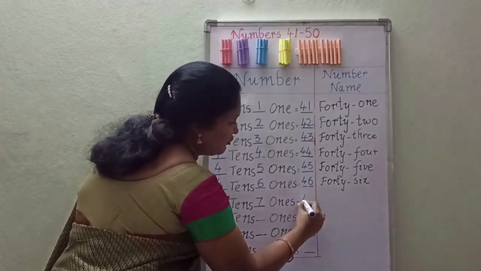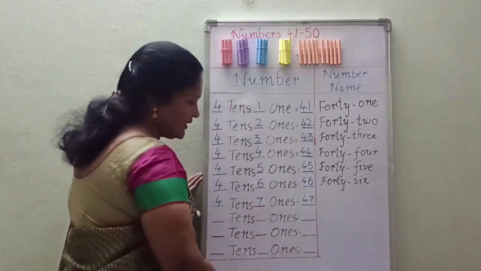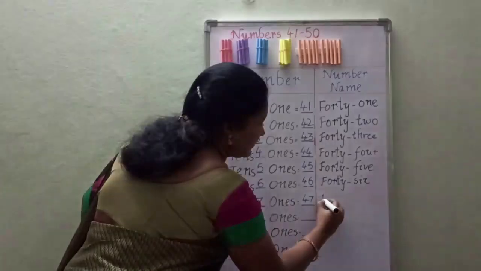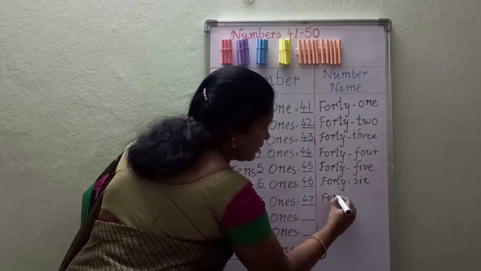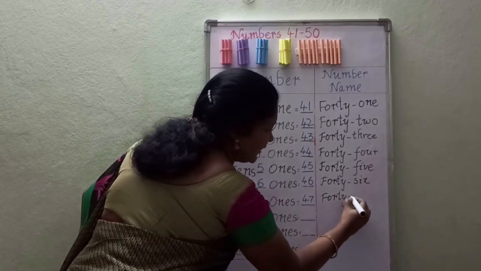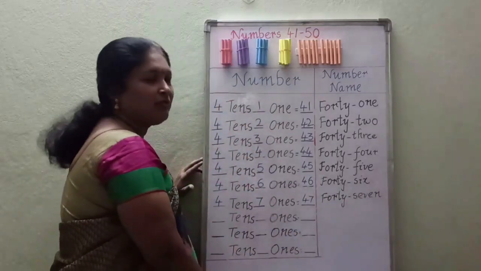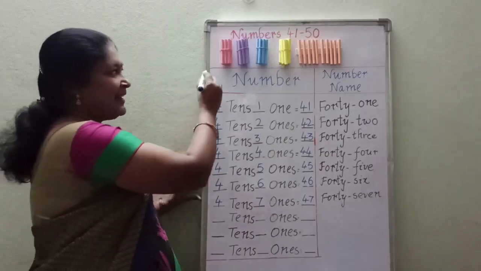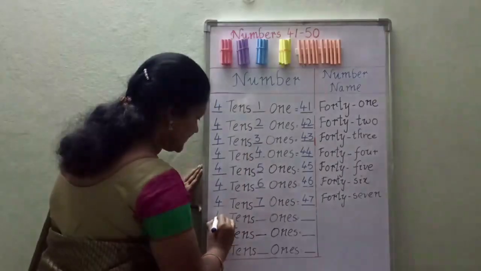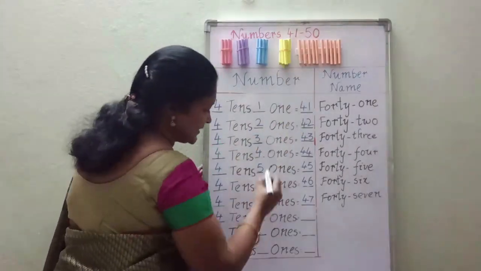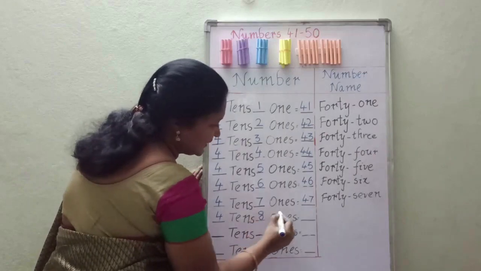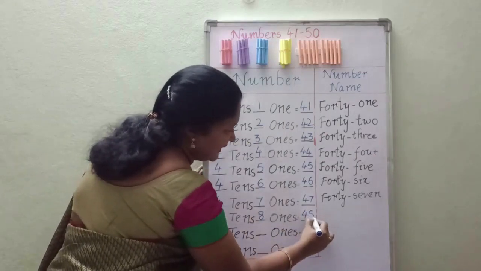That is 47. What is the spelling of 47? F-O-R-T-Y, 40. S-E-V-E-N, 7. 47. And next, 4 tens, 8 ones. That is 48.